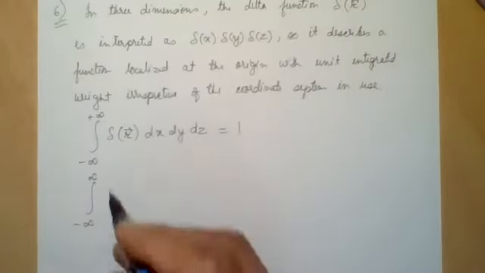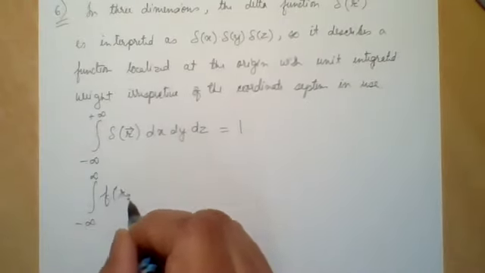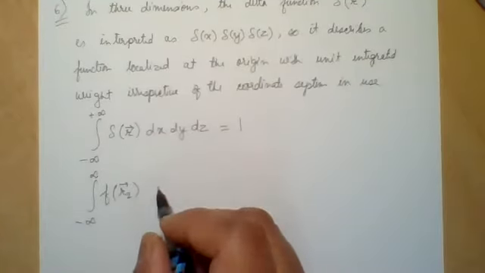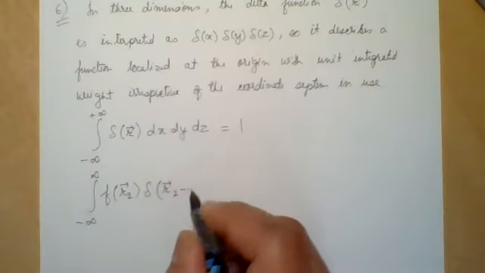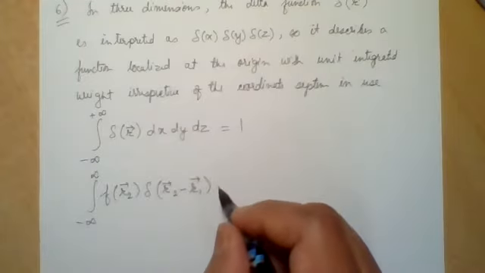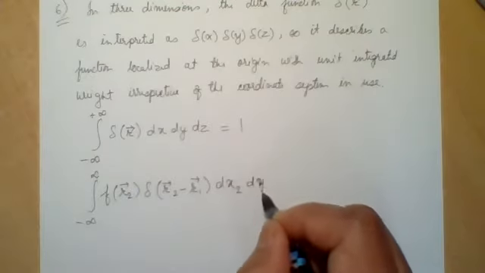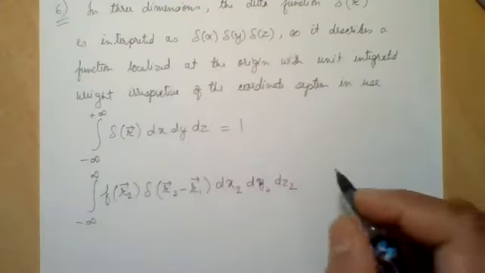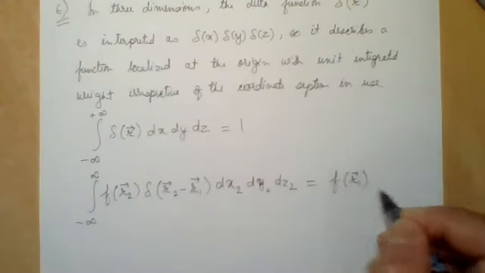And if you want to write it in terms of some function f of r2 vector, delta r2 minus r1 vector, then this would be, we're integrating over r2, dx2, dy2, dz2, this is equal to f of r1 vector.